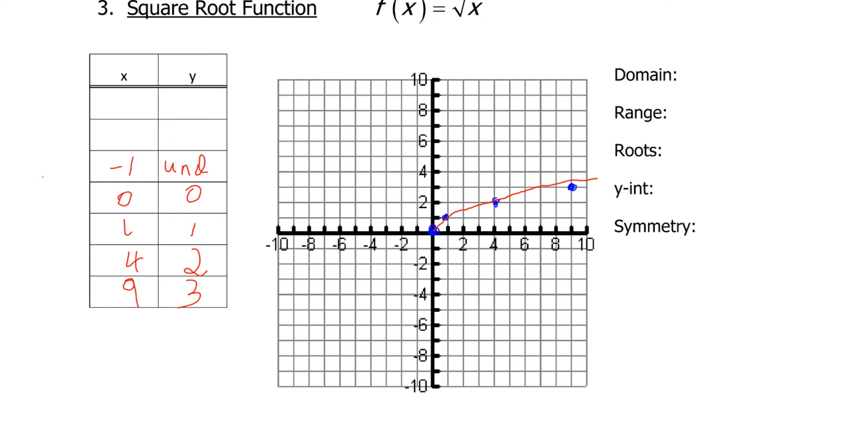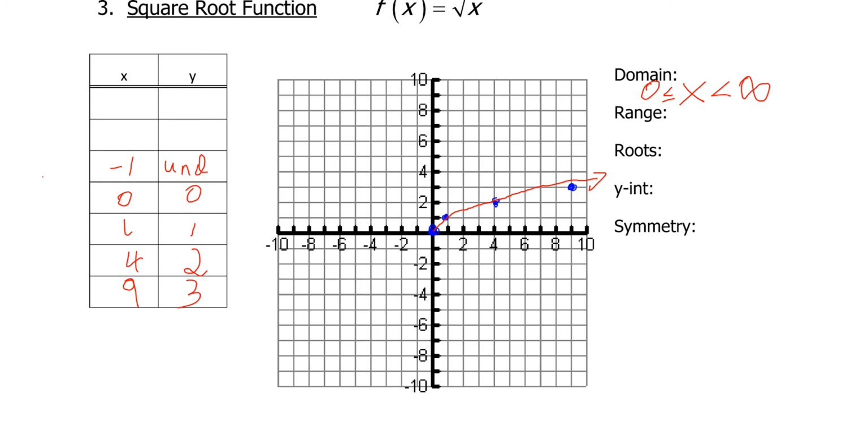Okay? Now the domain for this one is going to be negative infinity. Or rather, the domain for this one is going to start at 0. And since it does actually hit 0, we're going to do it like that.